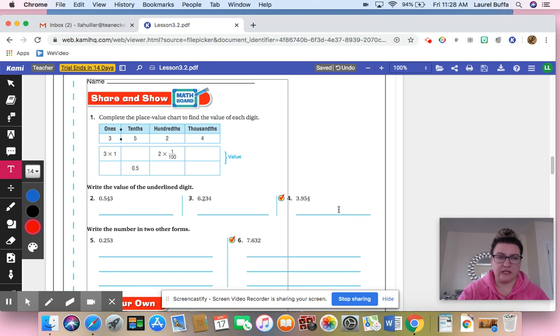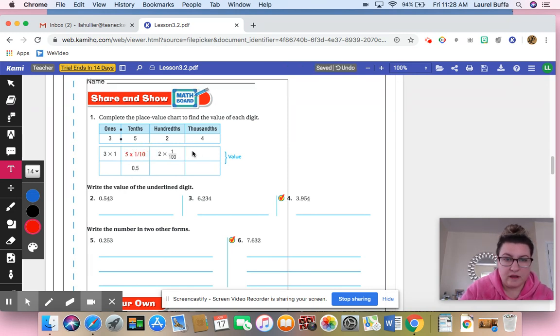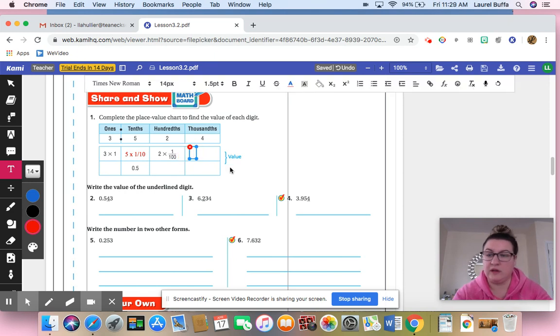Let's do a few together. So number 1, they want us to complete the place value chart to find the value of each digit. So 1 place to the right of the decimal is the tenths. That would be represented as 5 times 1/10. Beautiful. Now the 4 is in the thousandths place, so we could represent that as 4 times 1/1000.